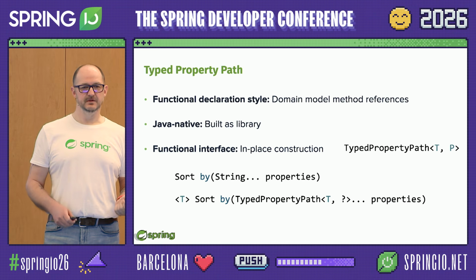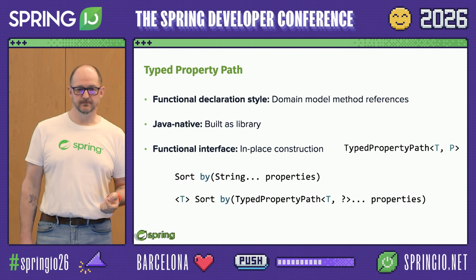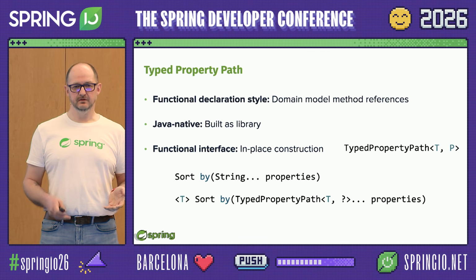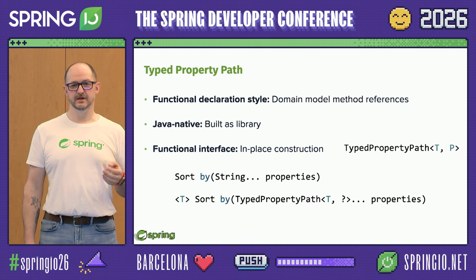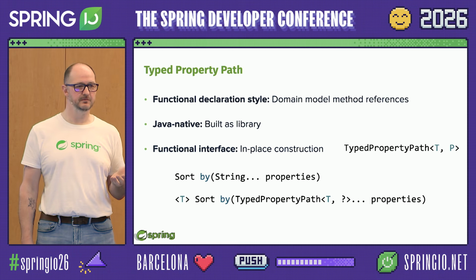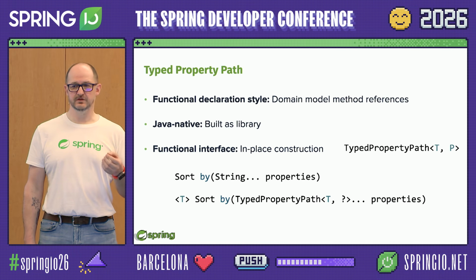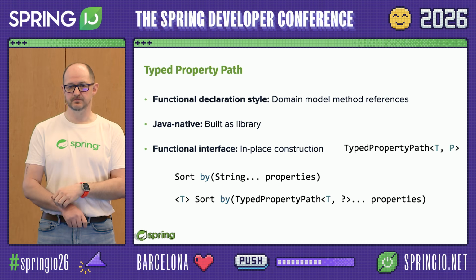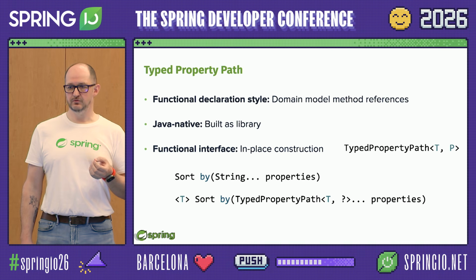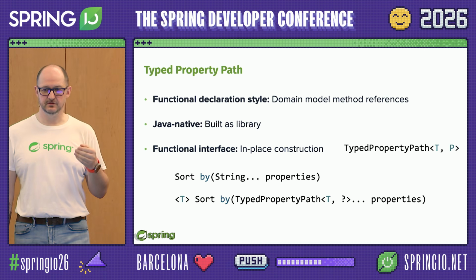API that is accepting strings isn't going away. Quite the contrary. We have been retrofitting all of our API where it makes sense, where we accept properties, to additionally accept type property path, allowing you to gradually opt into that model, explore whether it brings you benefit, and enable you to, step by step, adopt that model if you think it brings you more benefit than it costs you.